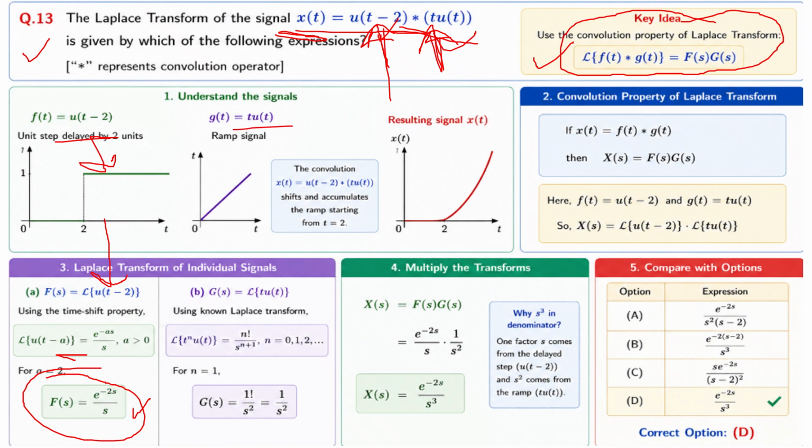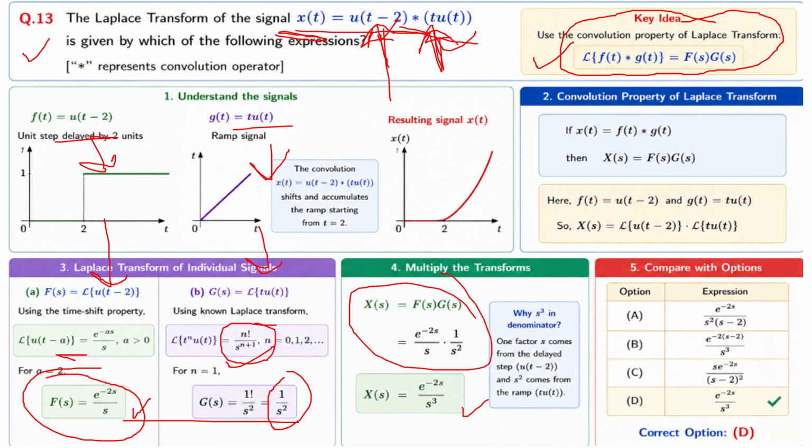Similarly, the other one is the ramp function, t u(t), and if you want to convert it to the Laplace transform, you can use this property and you will finally get 1 over s square. Without using the property also you can solve it. Finally, you multiply both of these to get X(s). That is the final result, so option D is the correct option.